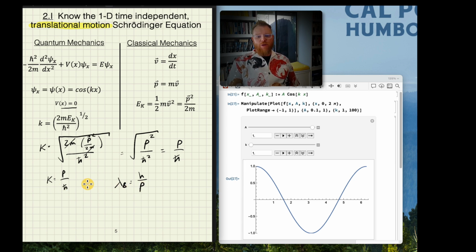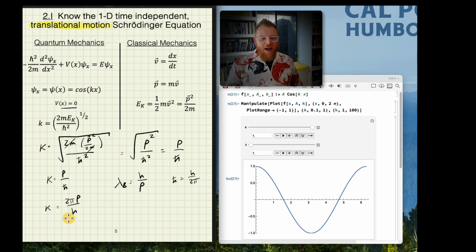So if we look at these two, we can see that they are inverse of each other and also different by a factor of 2 pi, right? If I consider that fact that h bar, let's write that over here, that h bar equals h over 2 pi, I could also rewrite this as 2 pi times momentum all divided by h.